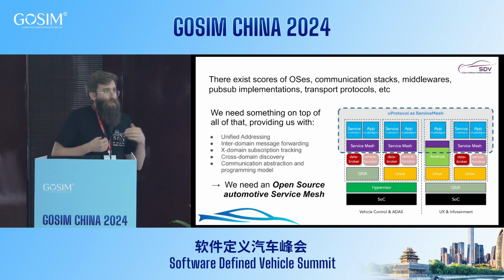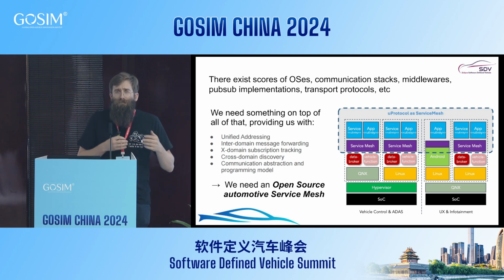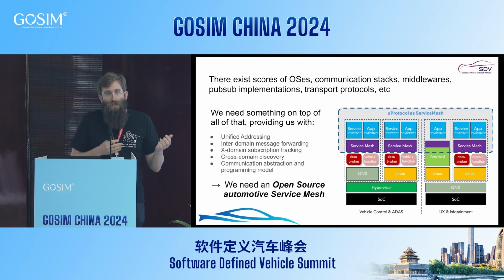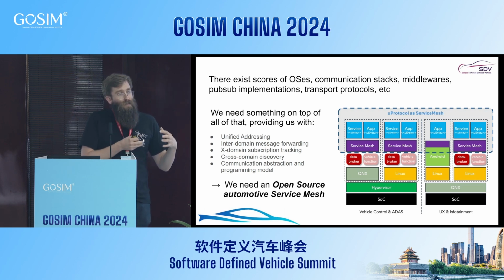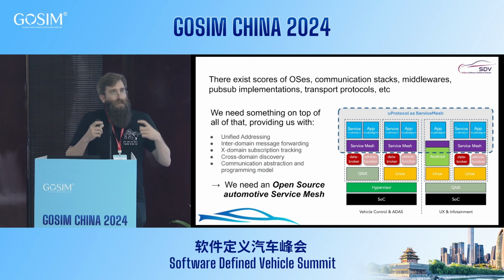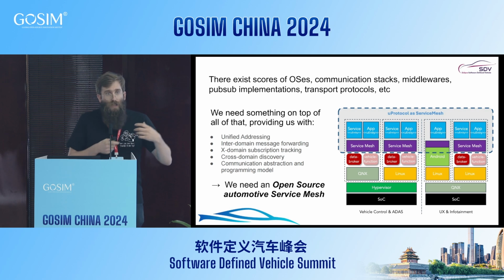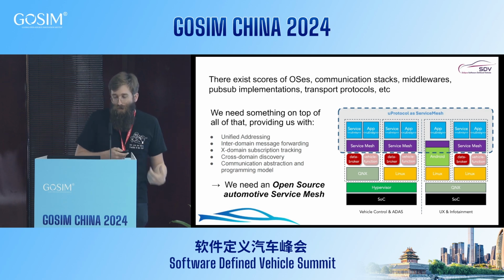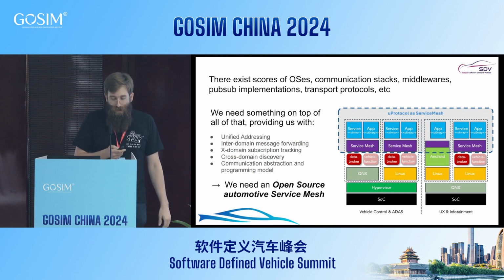What we're trying to do is position Eclipse uProtocol as being more flexible: an automotive grade open source service mesh where you can control some of the transport layer characteristics by writing your own and plugging them into this ecosystem. We'll go into some of the details about what these things are.